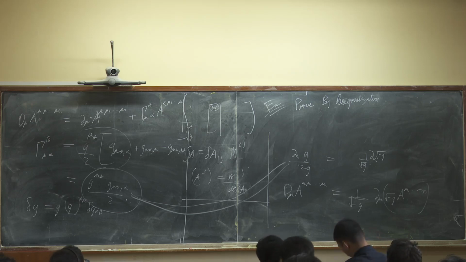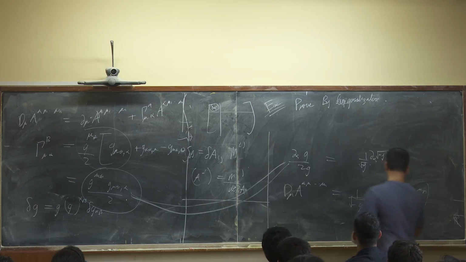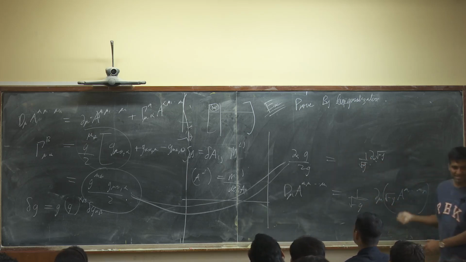Is this clear? Because where this mu acts on the square root g, it cancels and we get the first term. Where it acts on this thing, you get the second term.